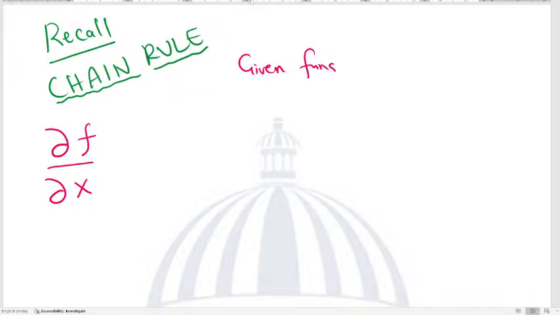But this given function f has two variables, and these variables are, let's say, u and v. Okay, so the cartoon characters are u and v.